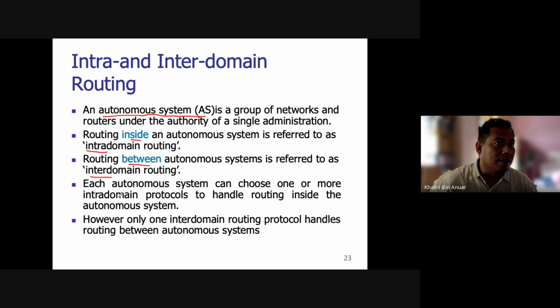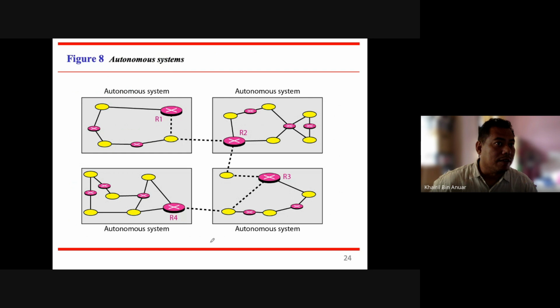Each autonomous system can choose one or more intra-domain protocols to handle routing inside the autonomous system. You can choose either RIP or OSPF or other types of intra-domain protocol. However, only one inter-domain protocol handles routing between the autonomous systems. So for inter-domain, you need to have only one type of protocol.